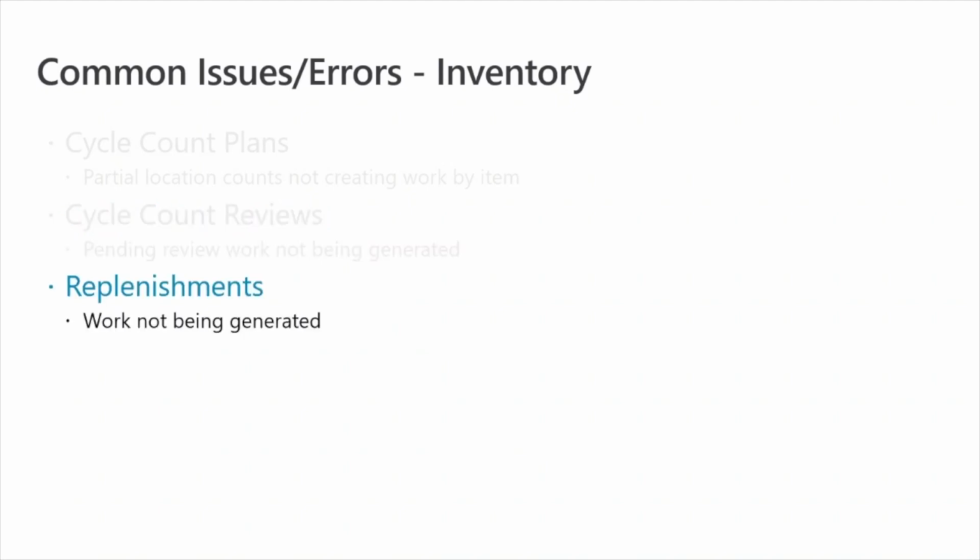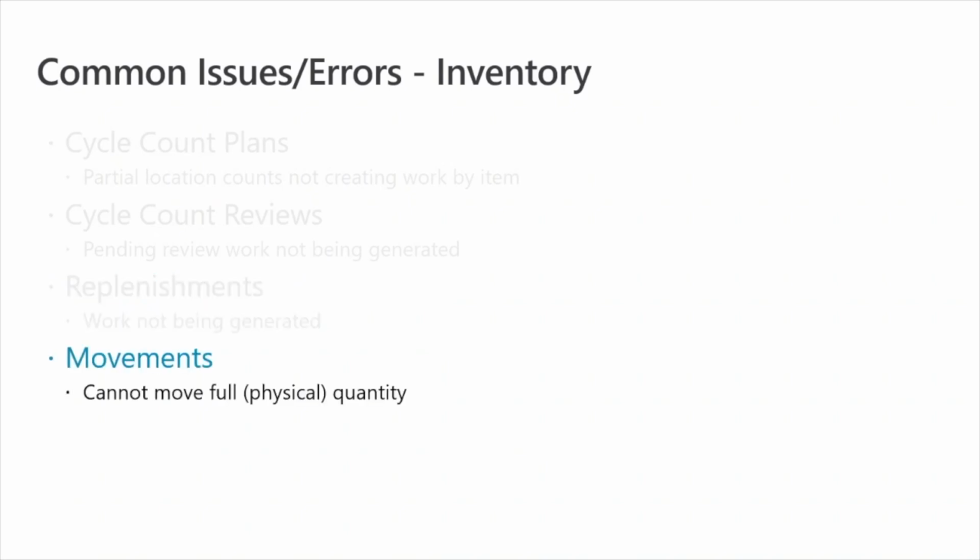When it comes to replenishment, you may also have a work generation error. If you run a replenishment periodic task or a batch job, where we have, say, a min-max replenishment set up for our forward picking locations in the warehouse, and it is not generating any replenishment work, we will talk about how to troubleshoot that.